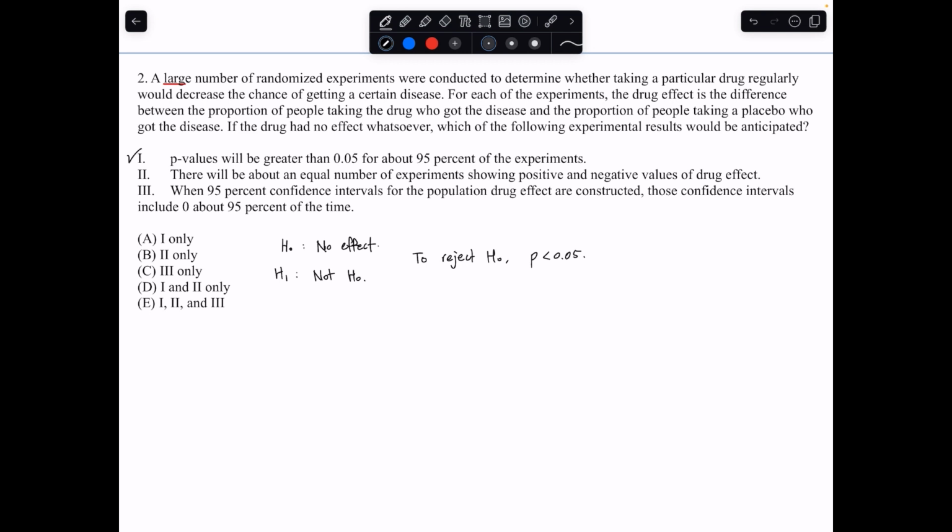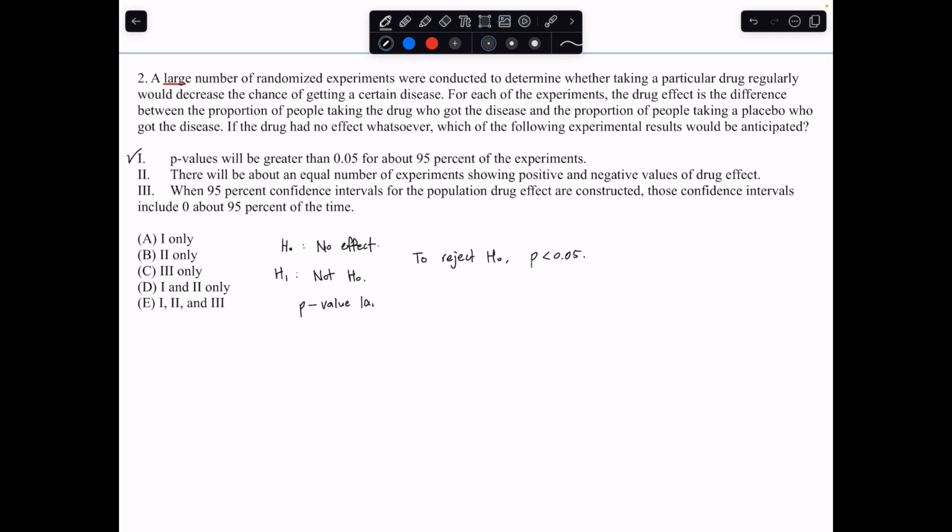Okay, and just to elaborate a little bit further, p-values represent the likelihood of the differences being by random chance, right? So if we have a high p-value, okay, if we have a large p-value, then that means it's quite likely that whatever difference that we saw between the two groups, whatever slight effect that we saw from the drug, it just happened by coincidence, okay? It doesn't actually have statistical significance, okay?